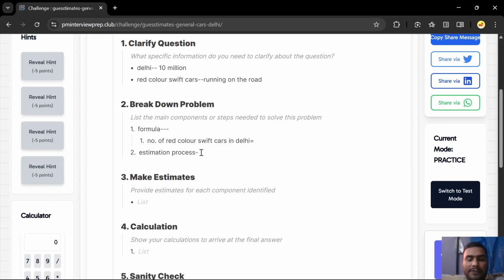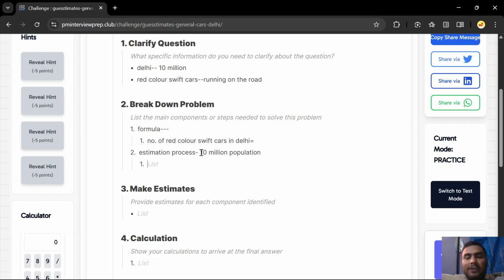So if I've already estimated the 10 million population of Delhi. In the next set of breakdown of this 10 million population, supposing that there are number of families. So I'm assuming that per family has one car.